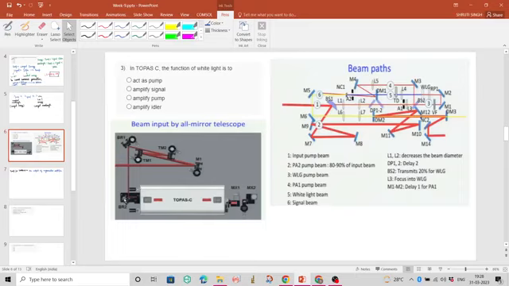The pump light goes in through this black part. This is the red beam, the pump beam coming. It hits the mirror M1, then TM1, TM2, then this reflector, and then this one. These two also are mirrors, and then this one, and then it goes in from BR2. Here these TM1 and TM2 can be steering mirrors or tuning mirrors.